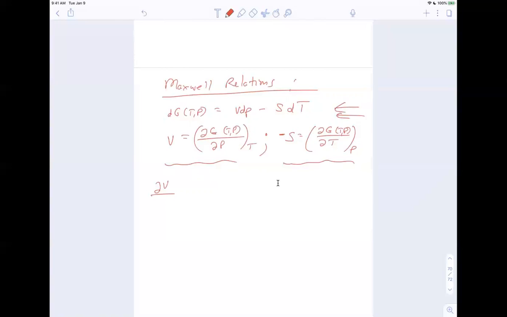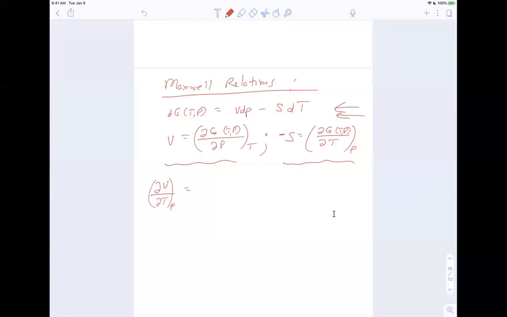I can take the partial of V with respect to T. And what do I have to hold constant? The other variable, and that would have to be P. Exactly, so that's the left-hand side.